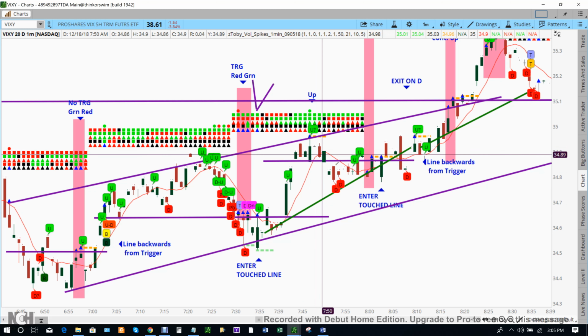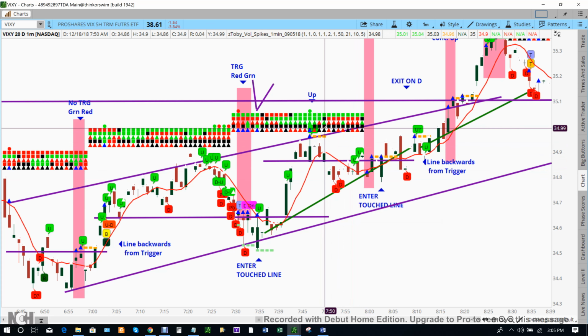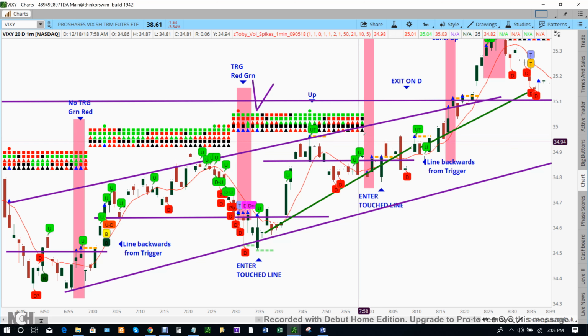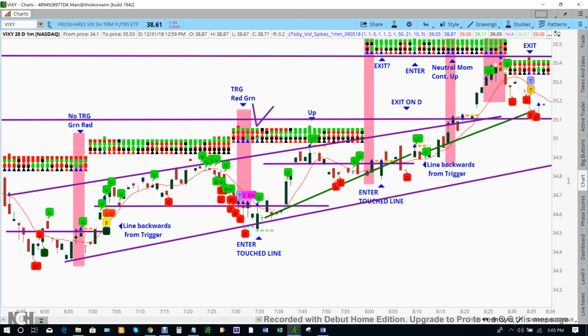Now it does do a pullback, and we're not too worried about the pullback because it's low trading, black and red volume. We're looking for a blue bar, and the first blue bar is right there. The blue triangle, I mean. So we'll see what that is.